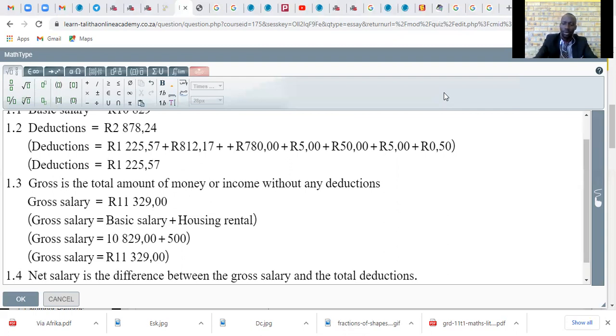So to this, we now want to add 0.5. What do we get from this? Well, we will be getting 2,878.24. So we'll be putting it here as 2,878.24.